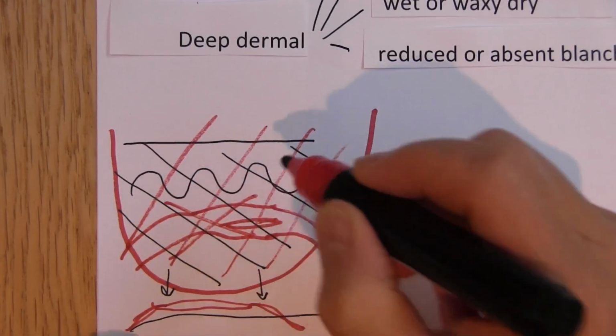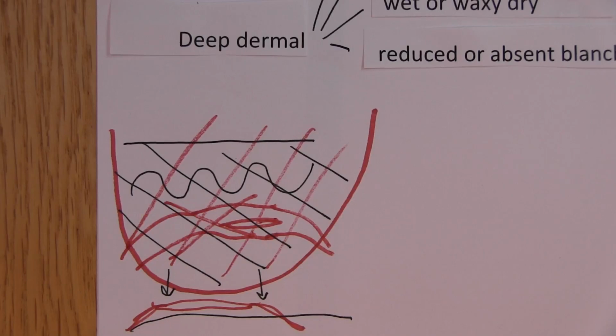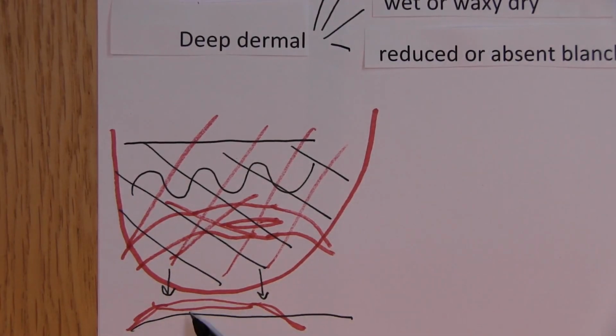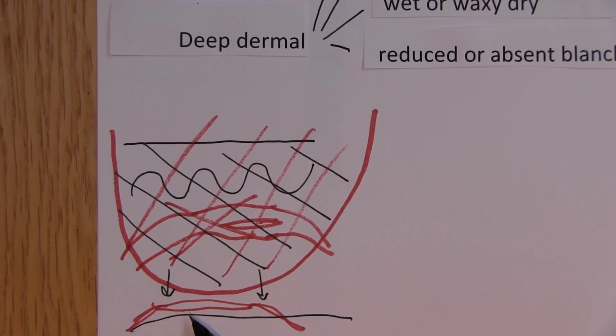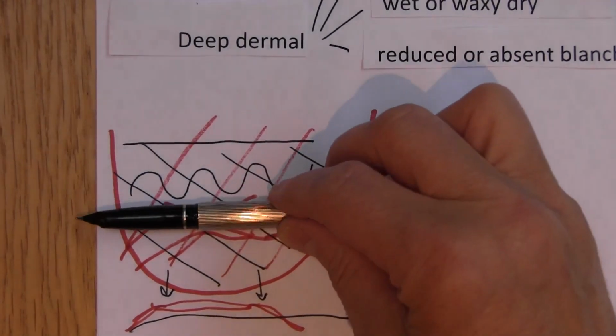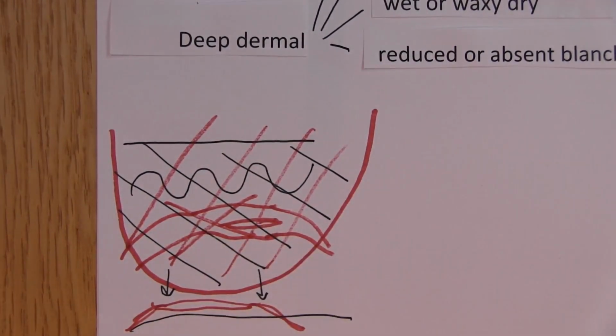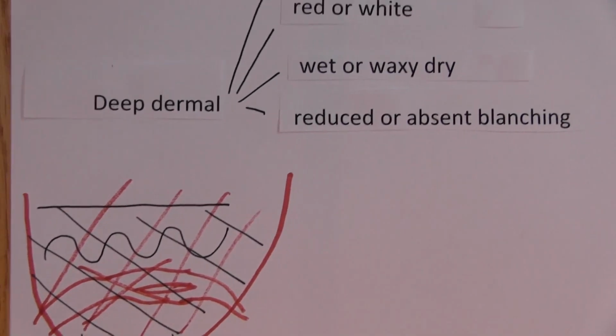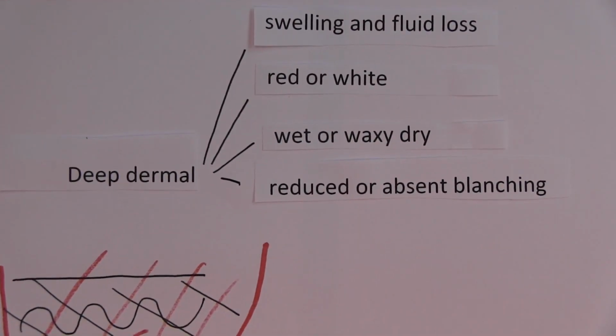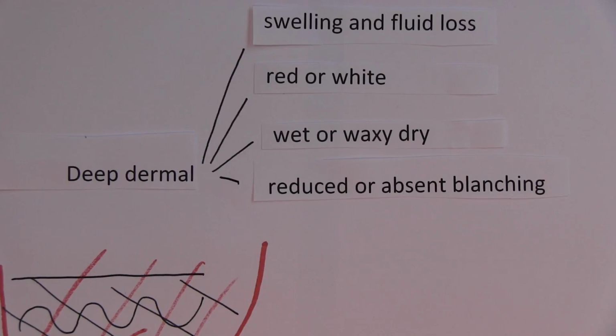They're no longer there. And the only ones left to blanch are the small, limited number that are left deep in the dermis. So you get progressively less blanching as you burn away more of the dermis, because you're burning away more of the blood vessels.